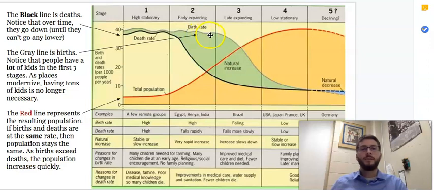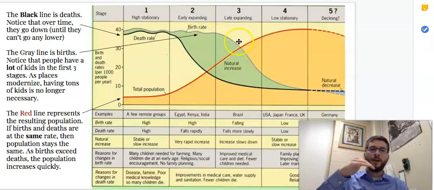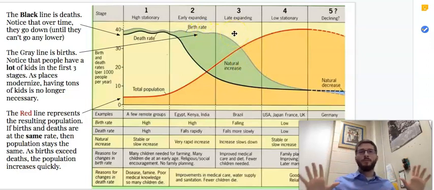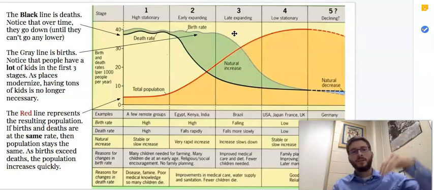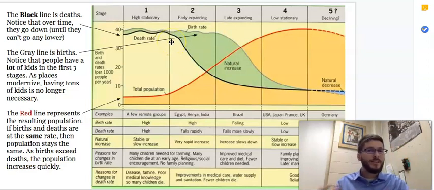Over time, you see that the birth rate starts to fall as well, as people are saying, you know what, hold up, we don't really need to have 5, 6, 7 babies per family. We can have 2 or 1. And so then the birth rate goes down. At the same time, technology continues to improve, and you see that the death rate declines as well.